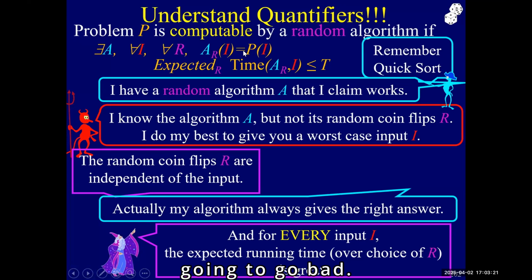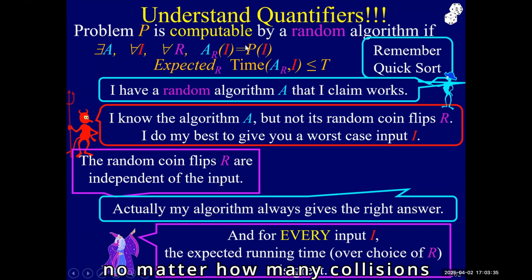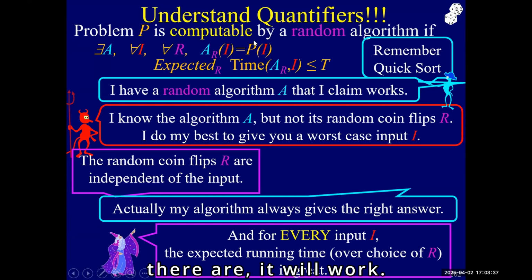It's not going to go bad. If you have lots of collisions, it might take a long time, but it will work. So that's one thing. No matter how many collisions there are, it will work. The other thing is if you choose the hash function randomly, then the expected time will be order 1.